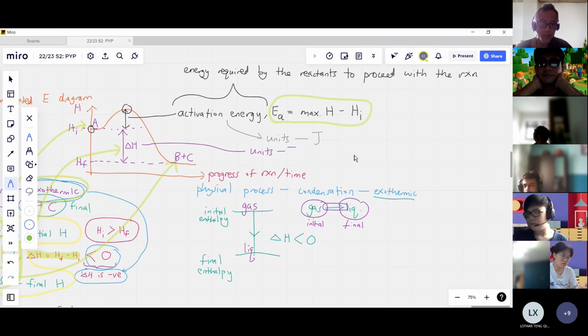Okay, so make sure you're clear about that. Of course, they are all based on the entropy or the energy levels. Energy is measured in joules. So activation energy is energy too, so it's also in joules. Delta H, change in entropy or change in energy, is also joule. Yeah, so make sure you don't mess up the units. Okay, so yep.